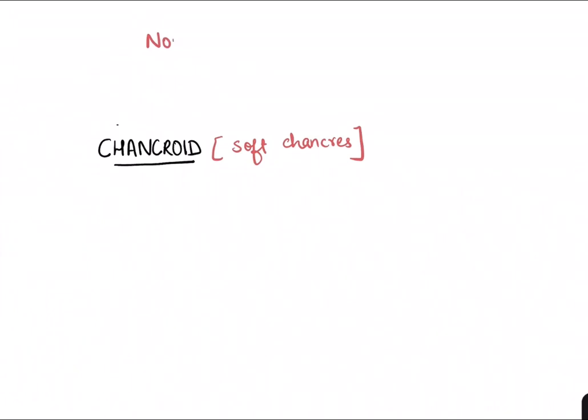Non-indurated means soft, and indurated means hard. So chancroids are soft, non-indurated chancres.